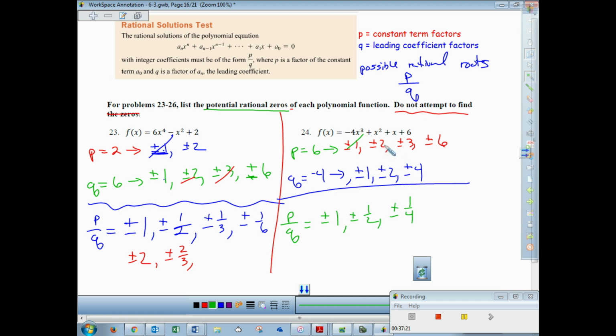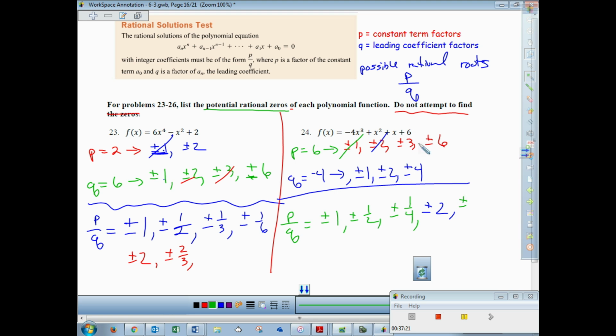Then I do red 2 over every blue number. So I need plus or minus 2 over 1, which I do not have yet. Plus or minus 2 over 2. 2 over 2 is 1, so I got him. Plus or minus 2 over 4, which is 1/2, I have him. Right? Done with you.